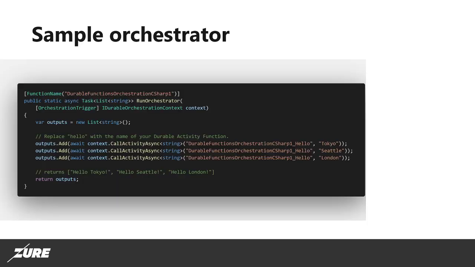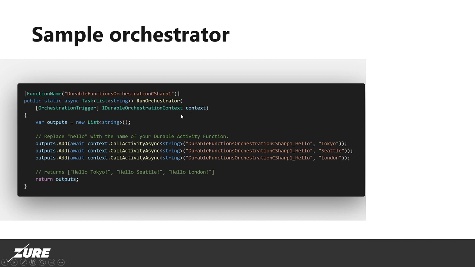So let's look at a quick sample orchestrator function. This is the kind of hello world of orchestrator functions. When you create a new durable function in Visual Studio Code or Visual Studio, this is the function that you get. So we know it's an orchestrator function because it has this orchestration trigger attribute and the durable orchestration context as a parameter.